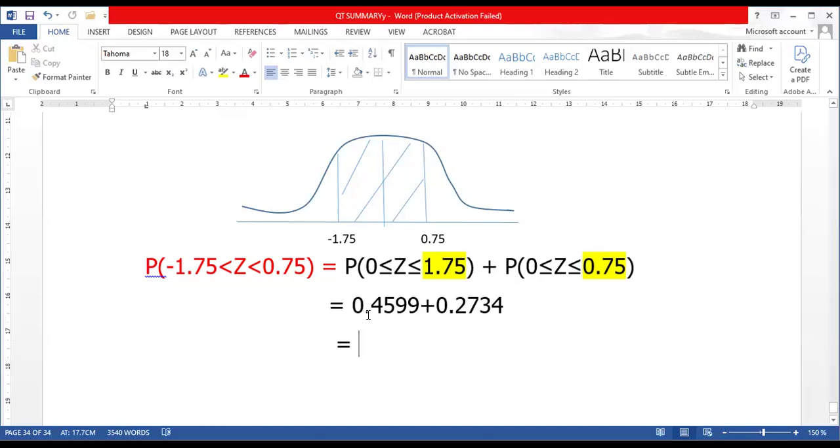So when you add, what do you get? 1.2333. Hmm, it can't be 1 point something.